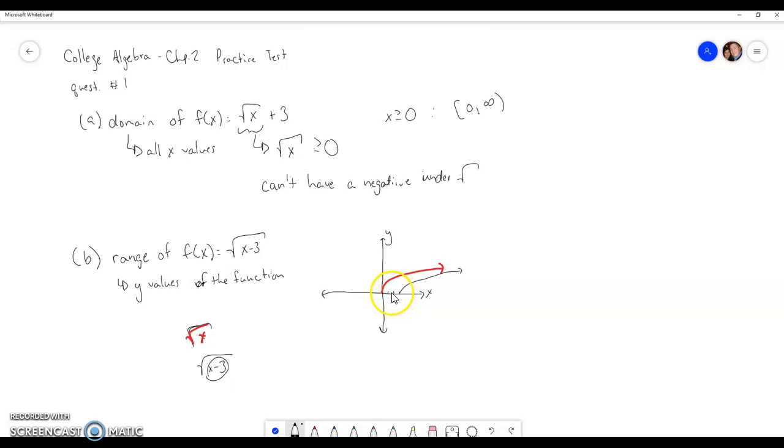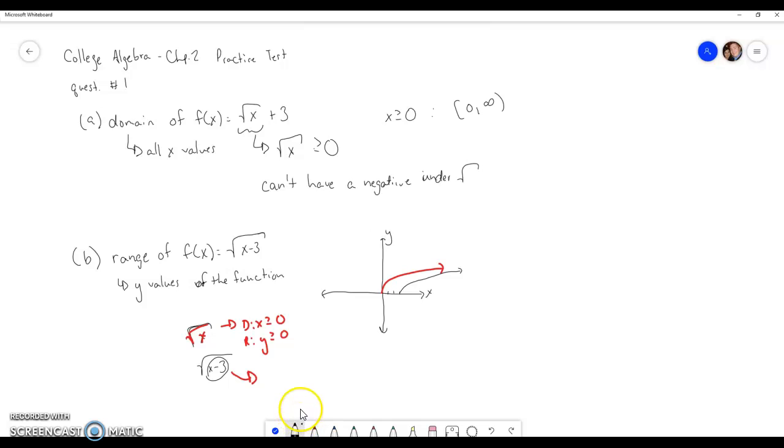And so in our original square root of x function, this red one, our domain would be that x is greater than or equal to 0, right? And our range is that y is greater than or equal to 0, right?